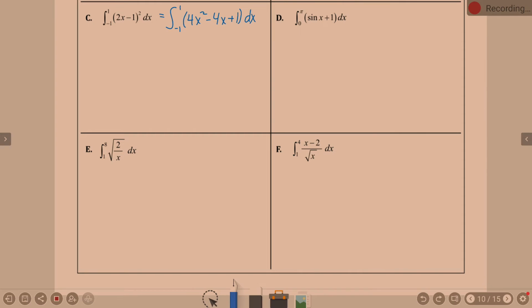Are we okay with that? And now we're going to integrate. The integral of 4x squared: add 1 to the power, divide by the new power.